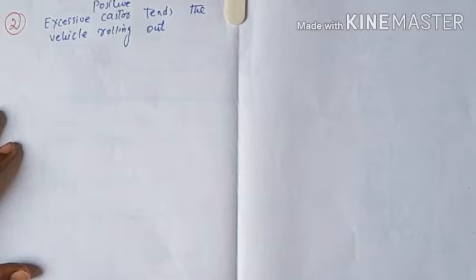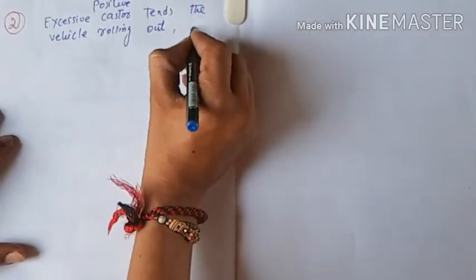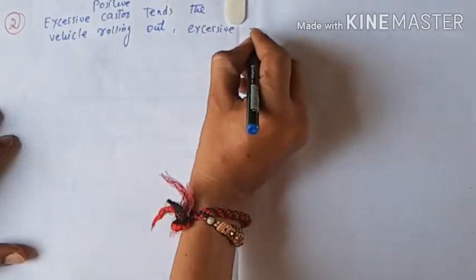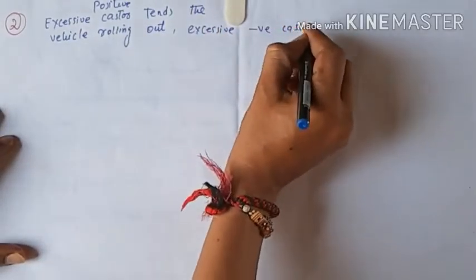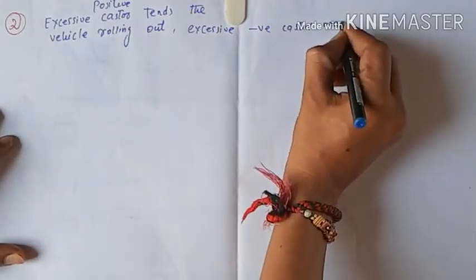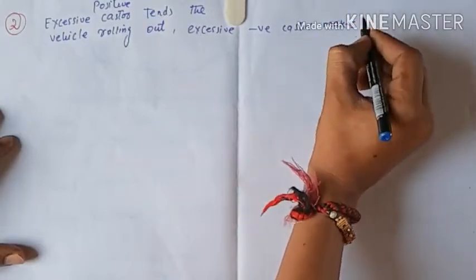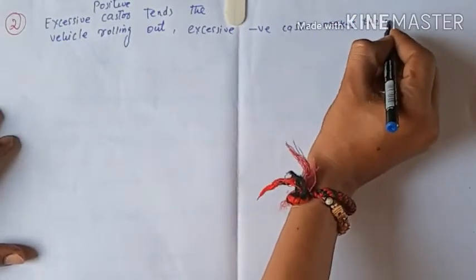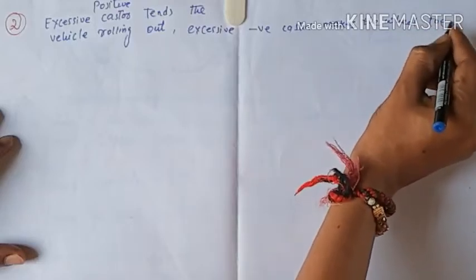Similarly, excessive negative caster makes the wheel toe out. So these are two.